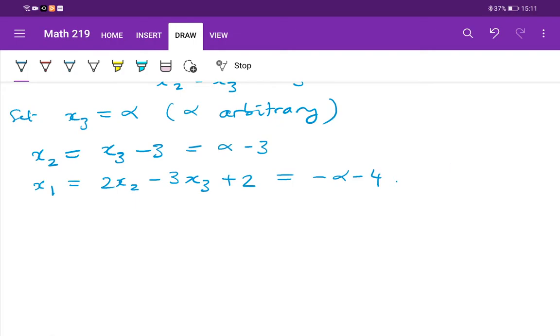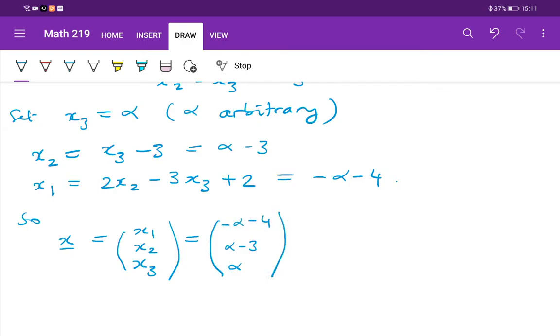So we get x1, x2, x3 equal to: x3 is alpha, x2 is alpha minus 3, and x1 is minus alpha minus 4.